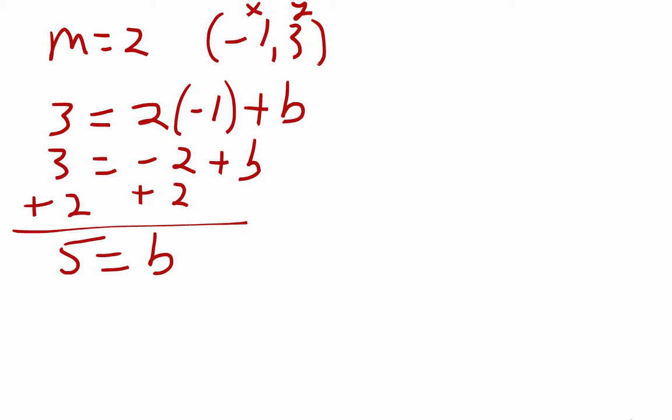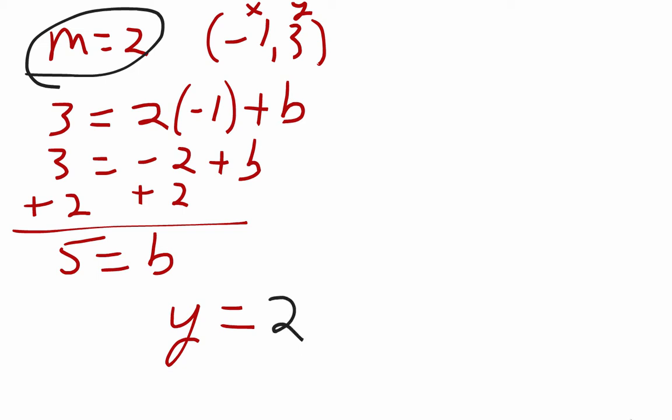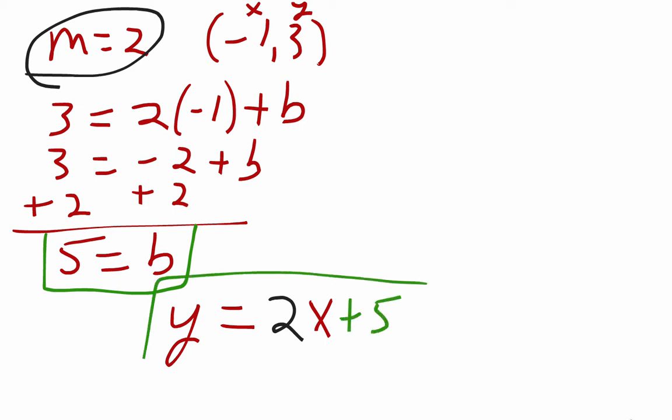So to write this in slope-intercept form, I now have y equals, my slope was 2, so I have 2x, and my y-intercept is 5, so then I would write plus 5. So that's how I would do it if I was just given a slope and a point on the line. Let's do one more like that.